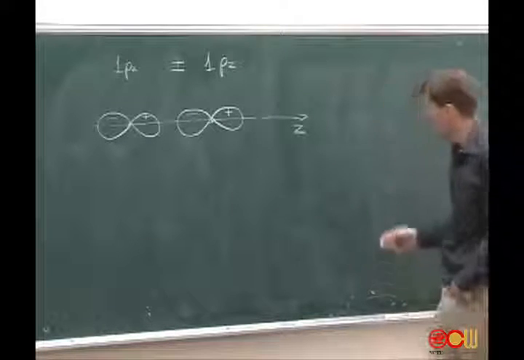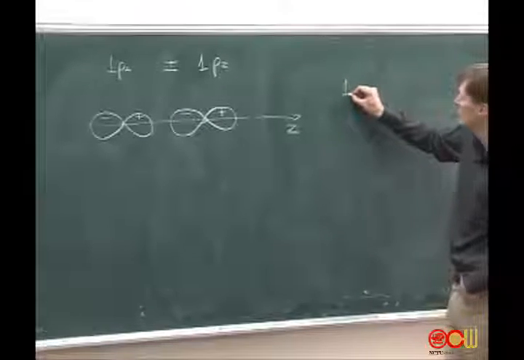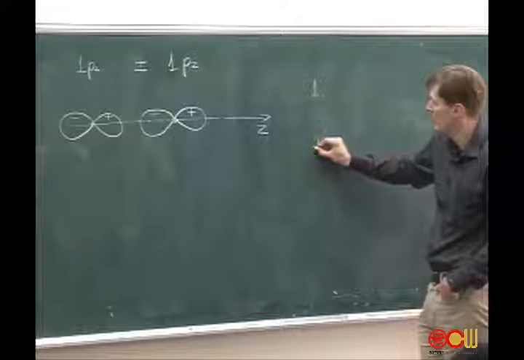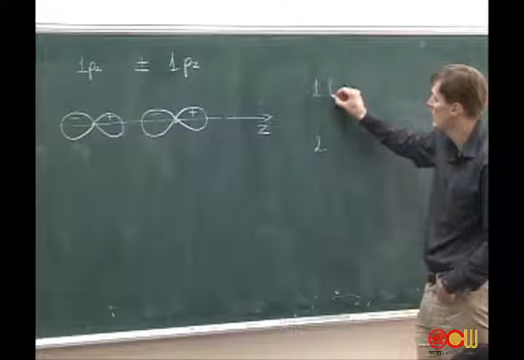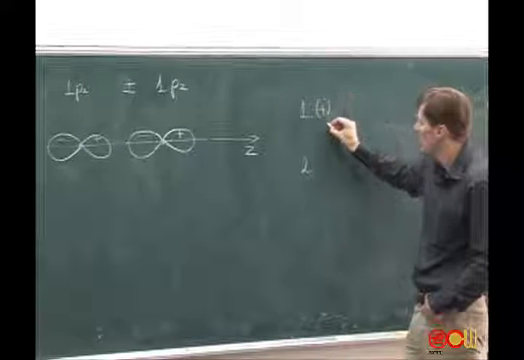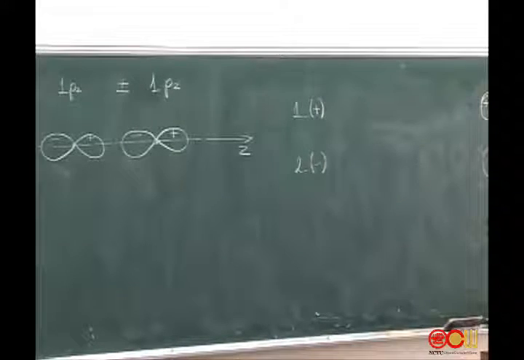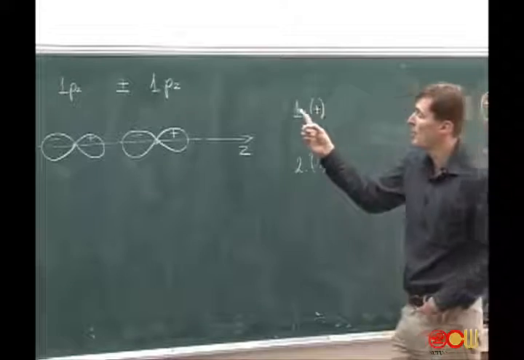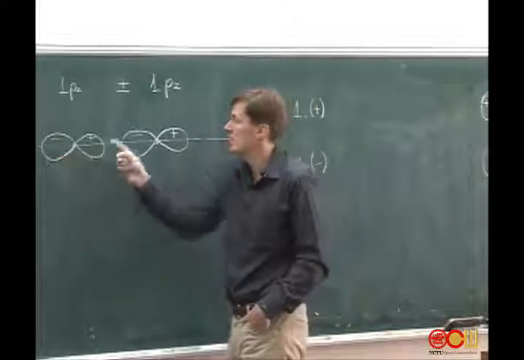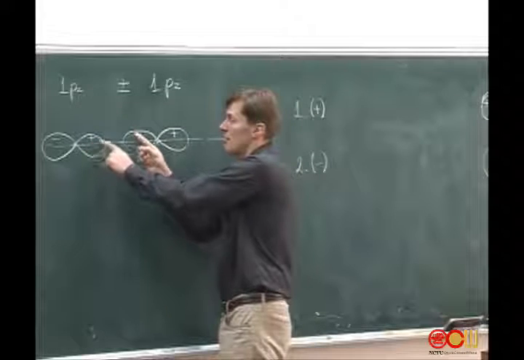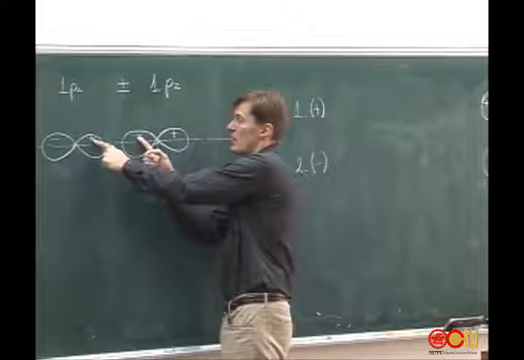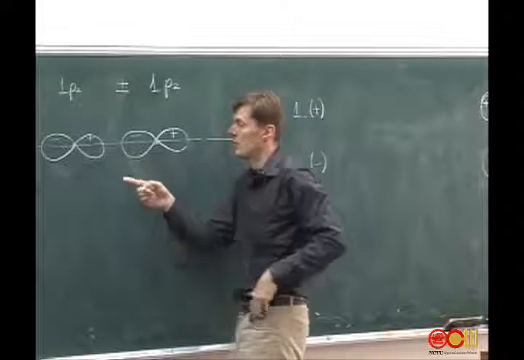Good. Now we make two linear combinations. Linear combination number 1, linear combination number 2. This linear combination with the plus sign, this linear combination with the minus sign. So, if you think what happens if I add this one and this one together, then this positive region and negative region overlap.